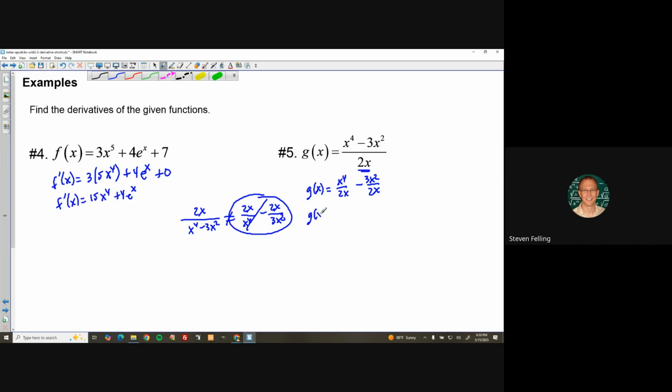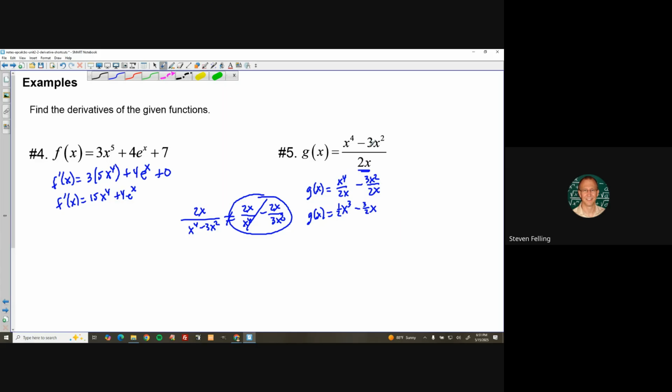So I'm going to still say this is g of x. This is x to the fourth on the top and x to the 1 on the bottom, which means the total is x to the 4 minus 1, which is x cubed. And then I'm going to write this 1 over 2 separately as a fraction 1 half. Similarly, I'm going to take this 3 over 2 and write that as a multiplying fraction. And then this is x squared divided by x, which is an x. Well, so far we have not taken the derivative.